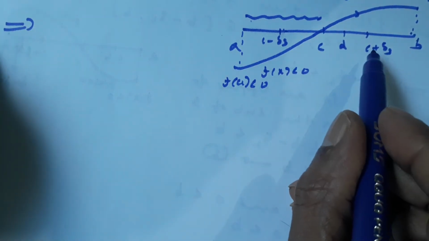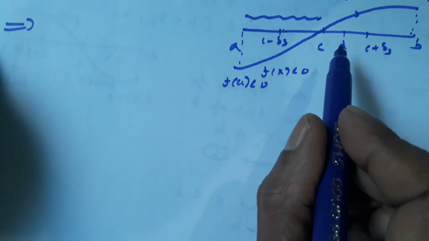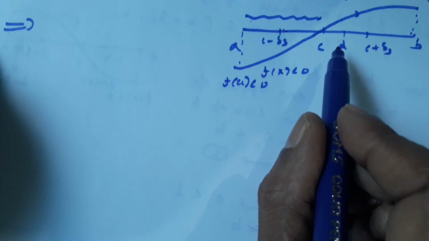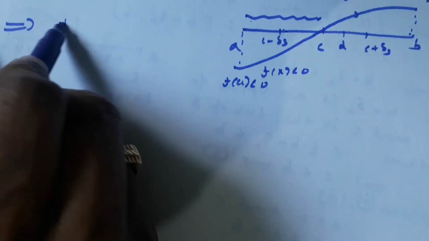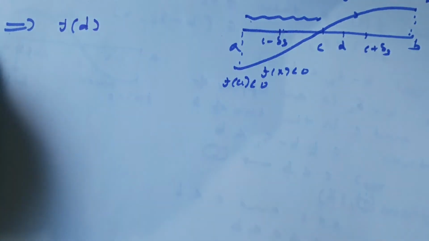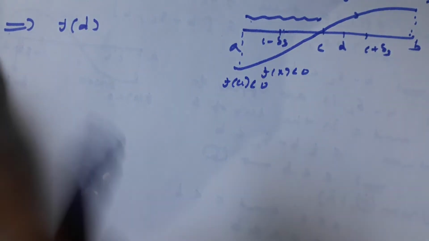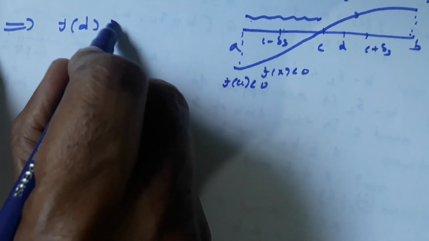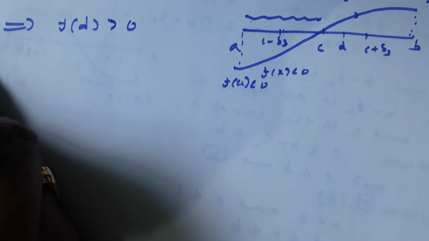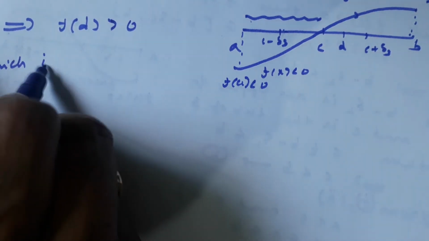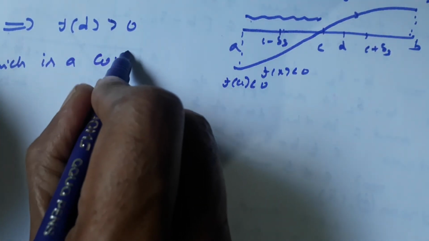D belongs to this side. What is f of D? This implies f of D is greater than 0, which is a contradiction.